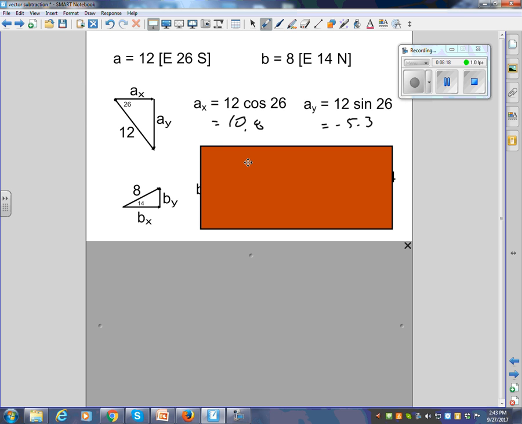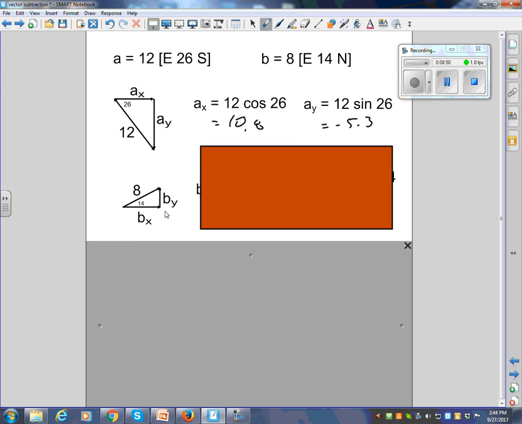Okay, so the second vector is 8 east 14 north. Because it's going. Good? Yes, I explained it. Okay, so here's the second one, 8 east 14 north. So there's our 8. Here again, the x is adjacent.